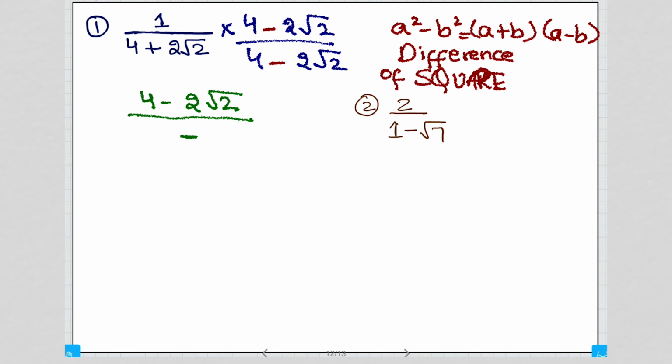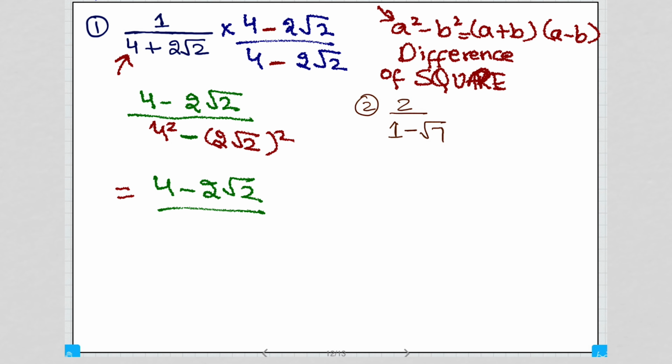So first, please write the minus sign here. Now we're going to square the first term, which is 4 squared, minus the square of the second term. After that, all we do is simplify. 4 minus 2 root 2 over 4 squared, which is 16, minus 2 root 2 squared, which is 4 into 2, which is 8.